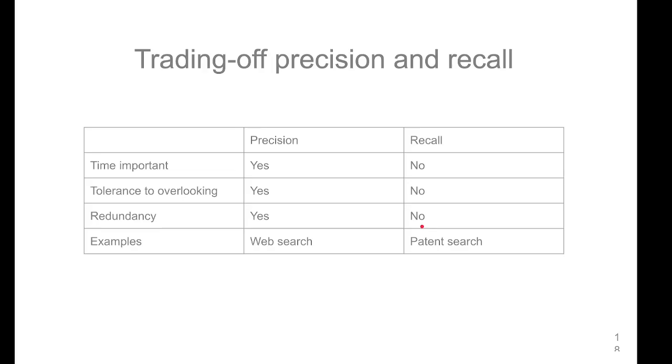The very nature of a patent means that it's unique. It covers one specific item that nobody else is allowed to copy. That means there is no redundancy in a patent database, in contrast to the databases of all web pages. So in a patent search, recall would be very important, and we'd rather spend the time to take the full precision and go through the results hand by hand, one by one.